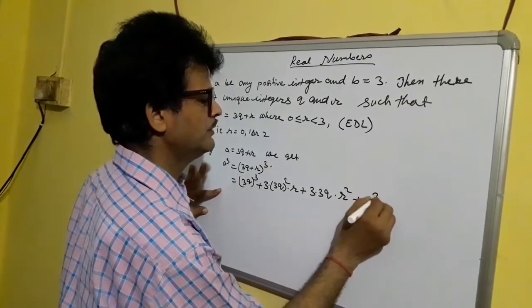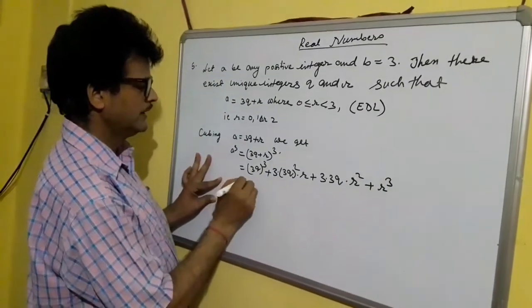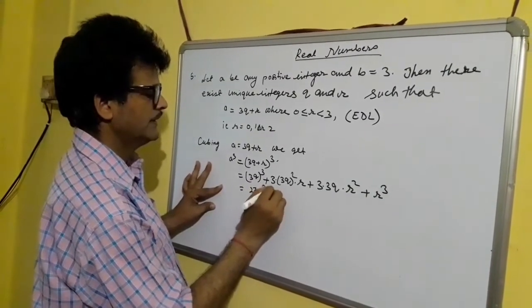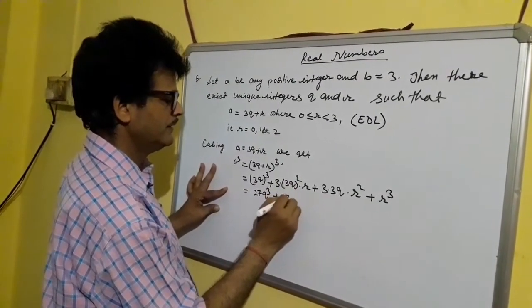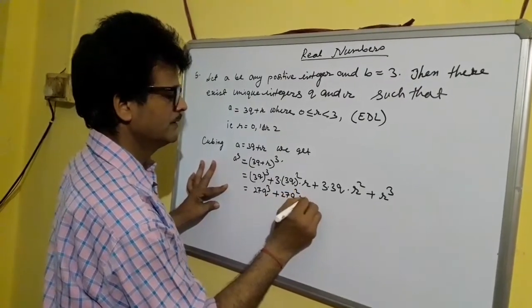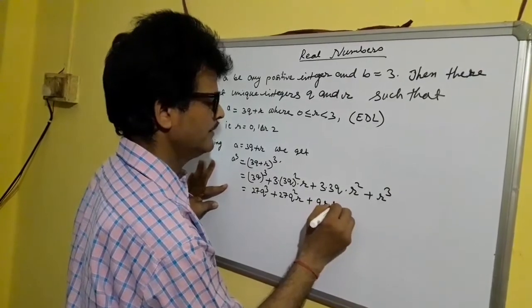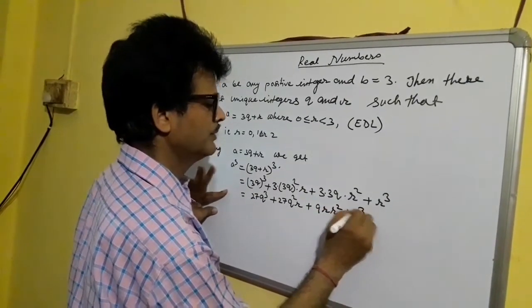So in this form we have written, and now we get 27 q cube plus 27 q square r plus 9 q r square plus r cube.